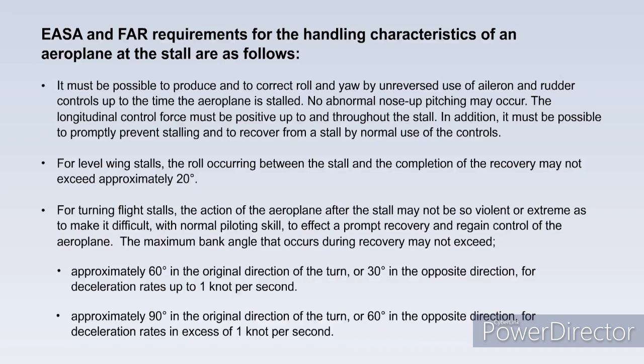The maximum bank angle that occurs during recovery may not exceed approximately 60 degrees in the original direction of the turn, or 30 degrees in the opposite direction for deceleration rates up to 1 knot per second. If the deceleration is more than 1 knot per second, these bank angles are increased to 90 and 60 respectively.